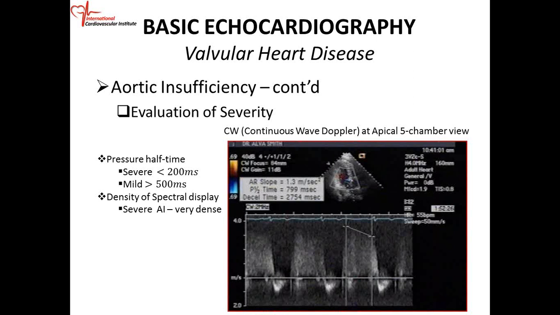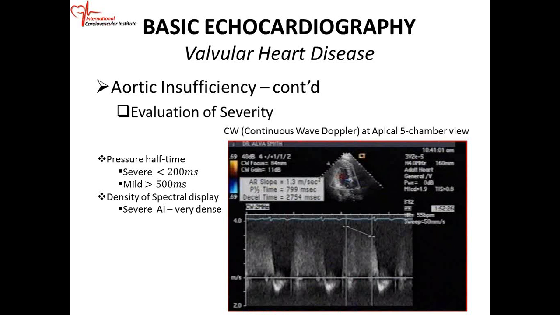We also look at the density of the aortic insufficiency Doppler signal, and if it's very, very dense, bone dense, then it suggests severe. If it's light like this, it suggests mild aortic insufficiency.